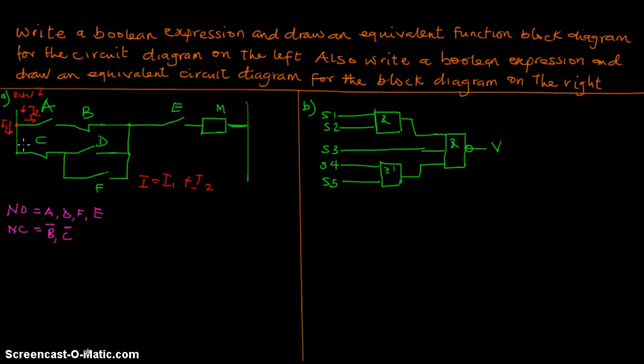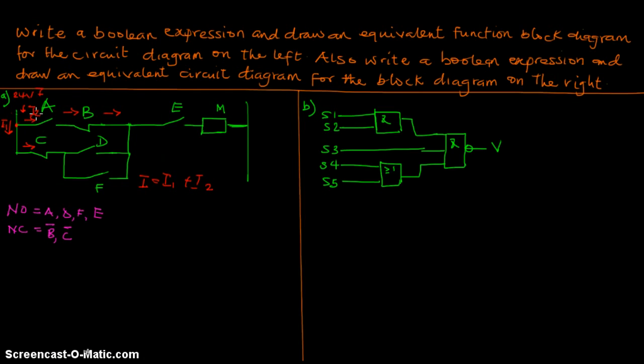And then I1 gets to this point and even continues to this point, passing through C. But the same I2 flows through B here and even passes to this point. Now, the way to identify a series connection is when you have the same current passing through more than two elements.